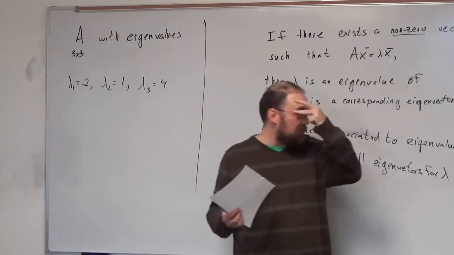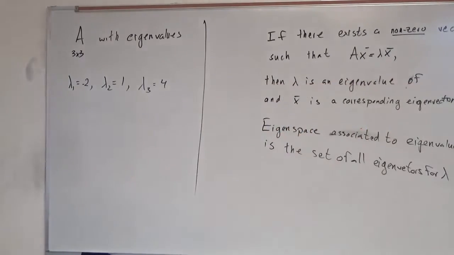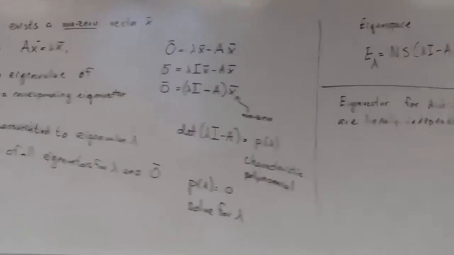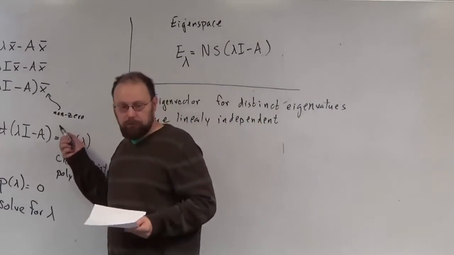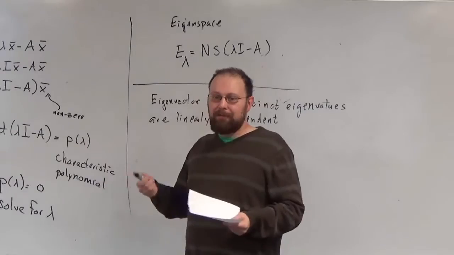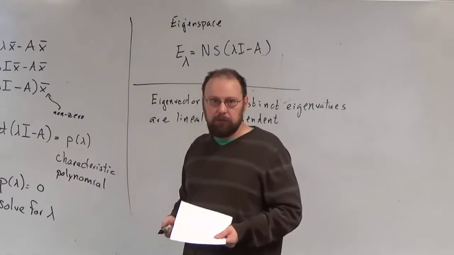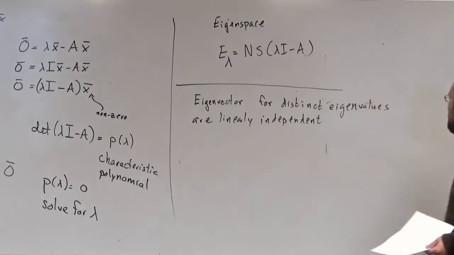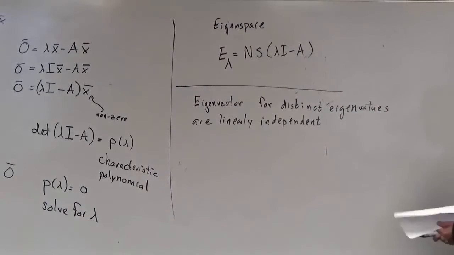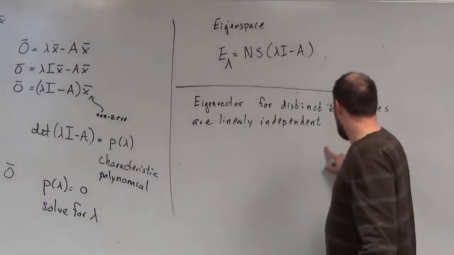Okay, so that's the key. If you're in the business of finding a basis for your space consisting entirely of eigenvectors, then you better have as many linearly independent eigenvectors as you have dimension. Right? So this is important. We need these linearly independent eigenvectors in order to create a basis.